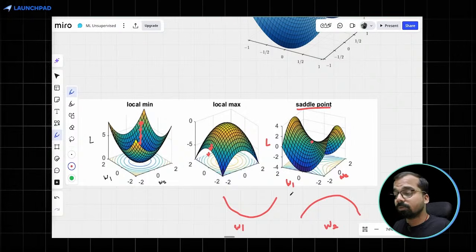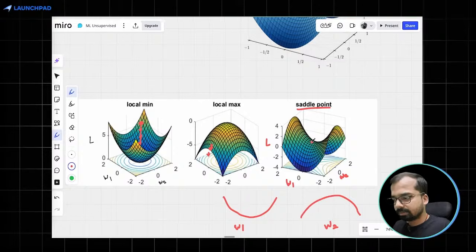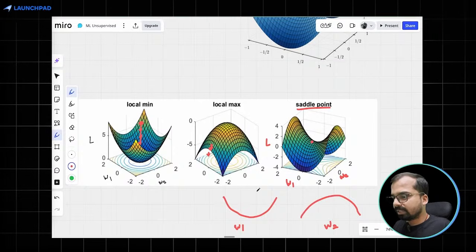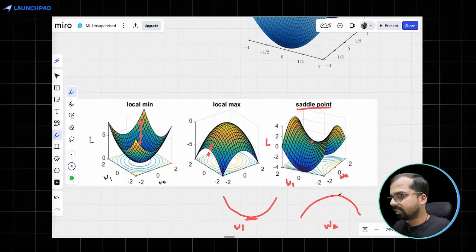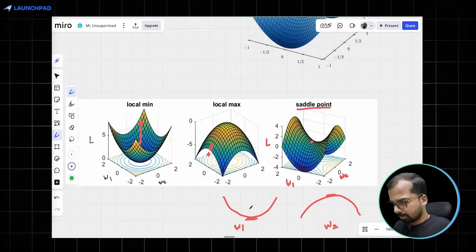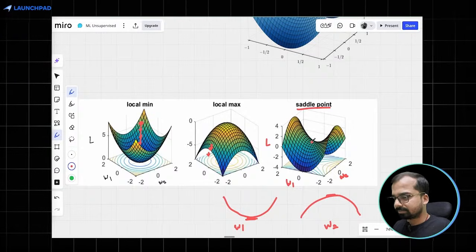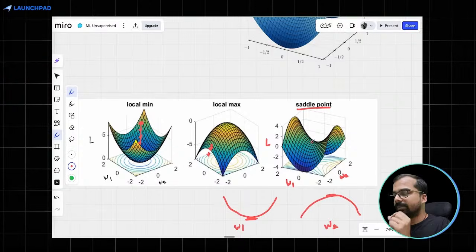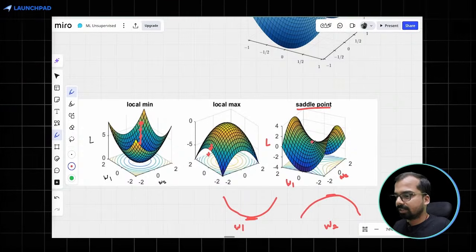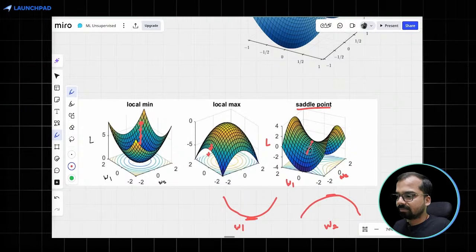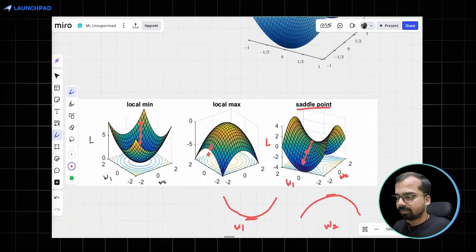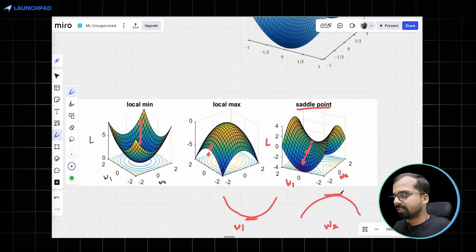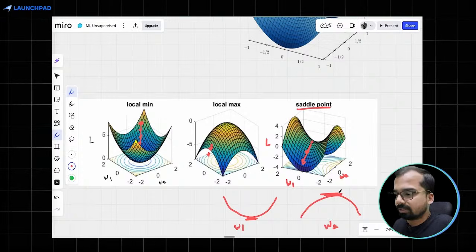And at this point, the slope is 0 with respect to W1 and also with respect to W2. But ideally, it's not the point of minimum loss, if you see, right? The point of minimum loss might be somewhere over here. I have to start moving here. But because the slope has become 0, my gradient descent will stop.